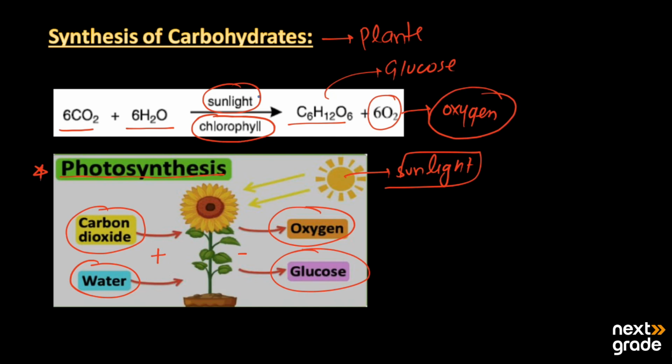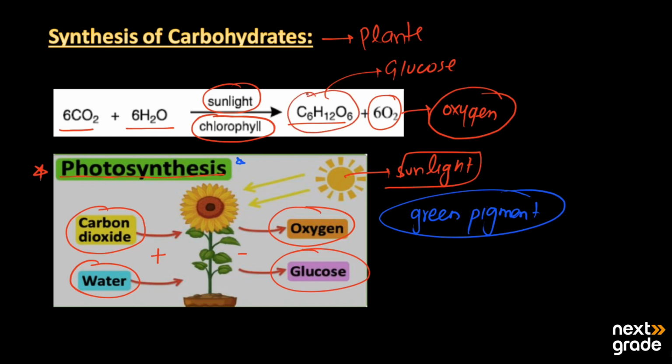Here the word chlorophyll. Chlorophyll is the main green pigment which is present in the plants, and in the chlorophyll the process of photosynthesis takes place. So this was a simple synthesis of the carbohydrates. Here the main carbohydrate is glucose, and it is mainly an aldehyde sugar, also known as a polyhydroxyaldehydic compound.